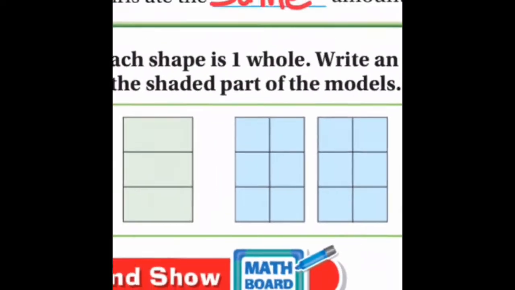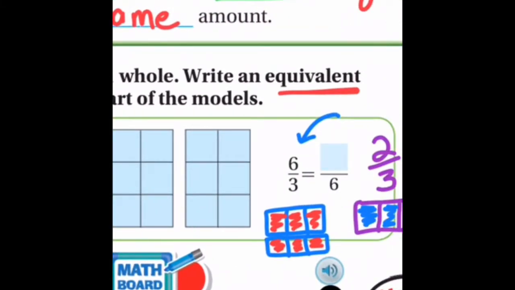Let me redo that. There we go. Okay. So we need to shade in 6/3, it says right here, right? Shading in 6/3. So I come over here and I shade in 6/3. There's 1, 2, 3, 4, 5, 6.